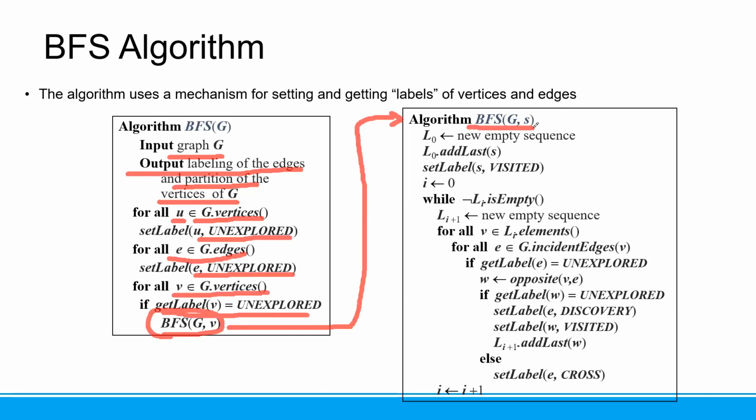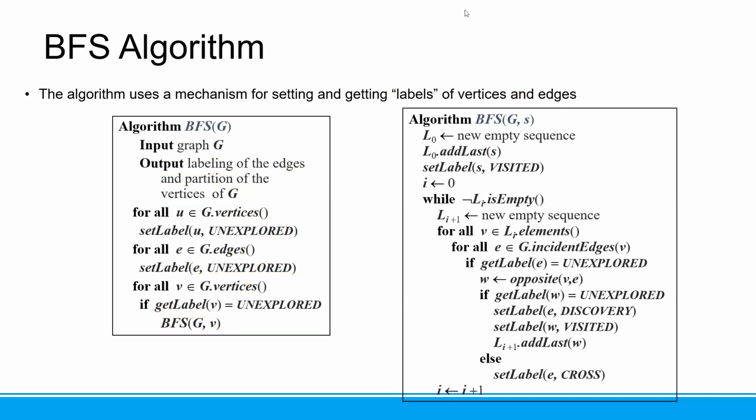So in BFS(G, s), s represents the vertex. We will have L0. L0 means this is the list of level 0.